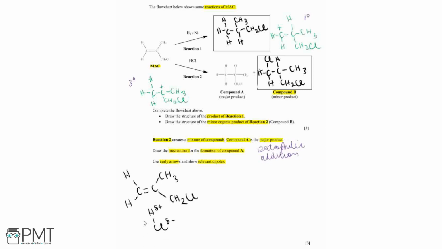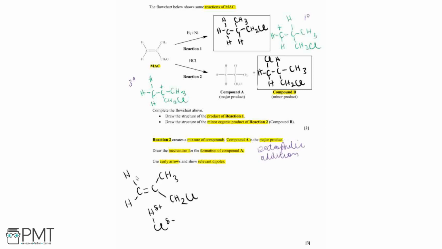Therefore, the slightly positive hydrogen is going to be attracted to this electron-dense double bond region over here. And it's an addition reaction because we're adding onto that double bond. We're opening up the double bond and adding new bonds in overall.